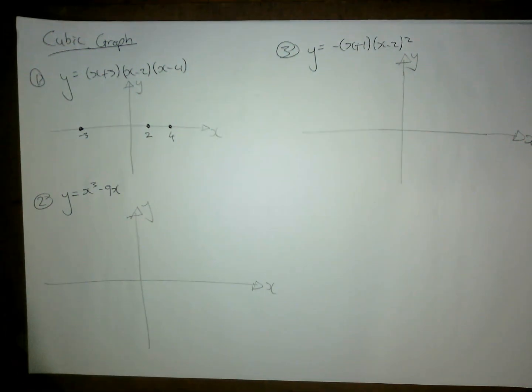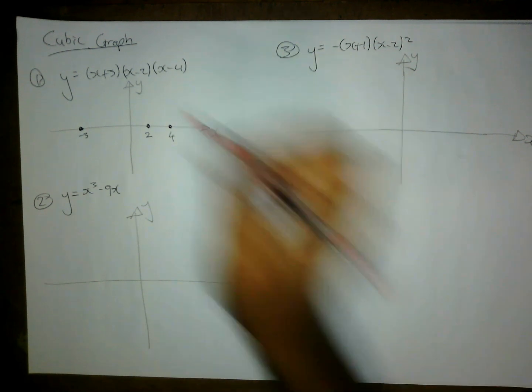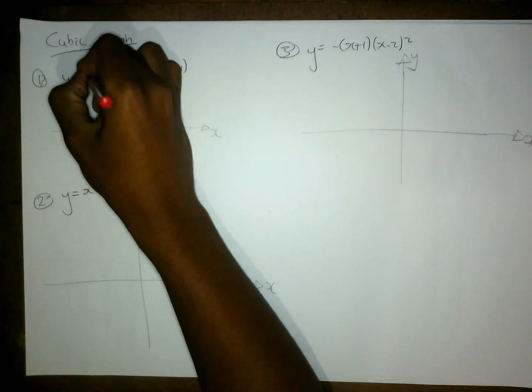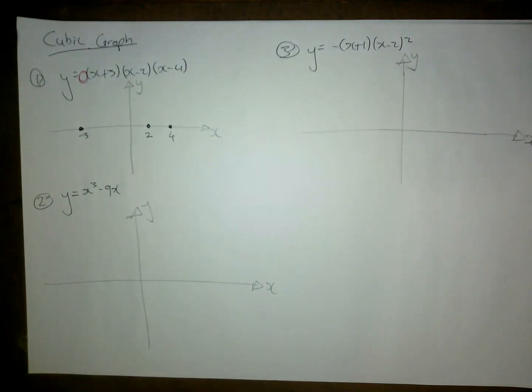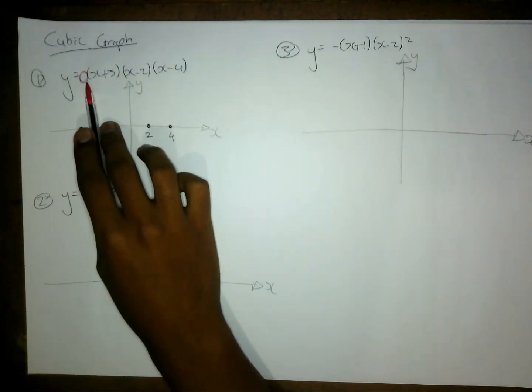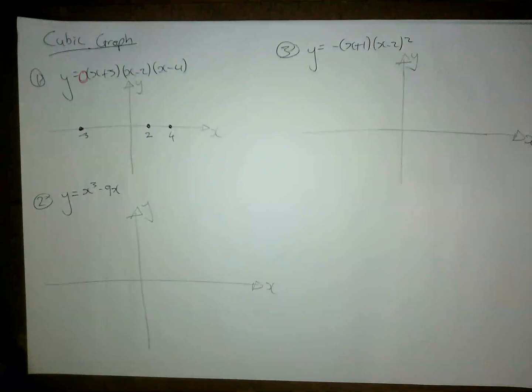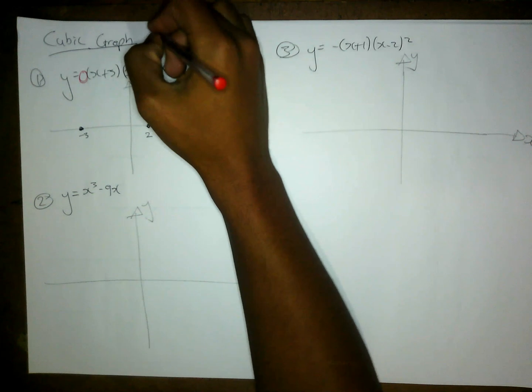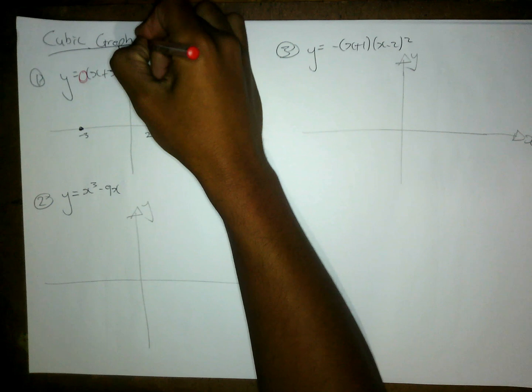So this graph is positive, because there is no negative in front here. So a positive graph goes like that.